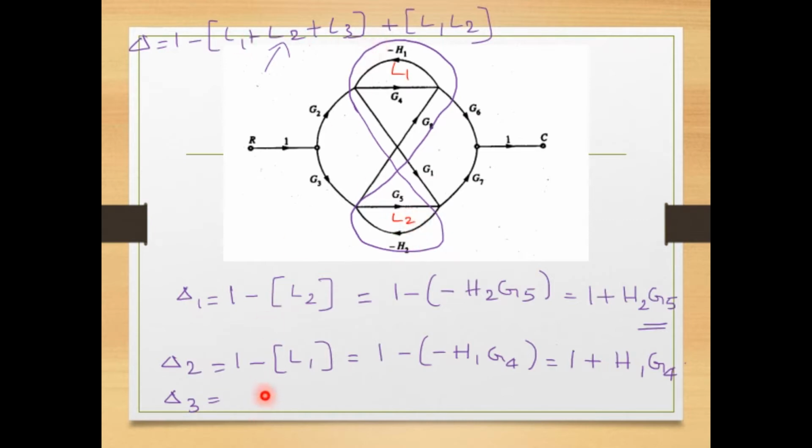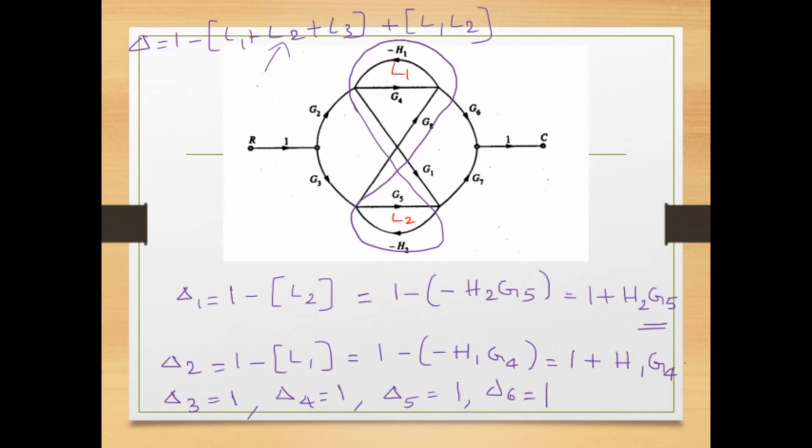So delta 3 will be equal to 1. Similarly, for delta 4, the fourth path is along G3, G8, G6. For G3, G8 and G6, all three loops are touching, so we cannot consider them. Again delta 4 will be 1. Similarly, delta 5 and delta 6 will also be equal to 1.